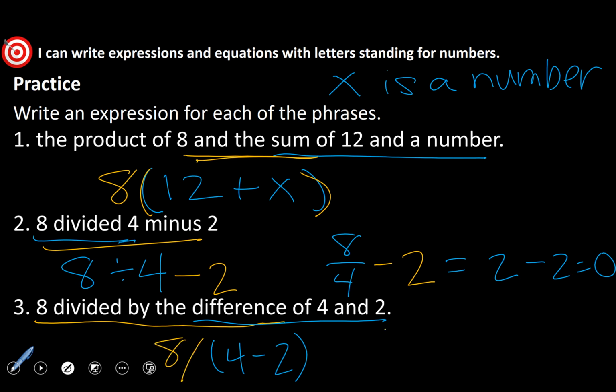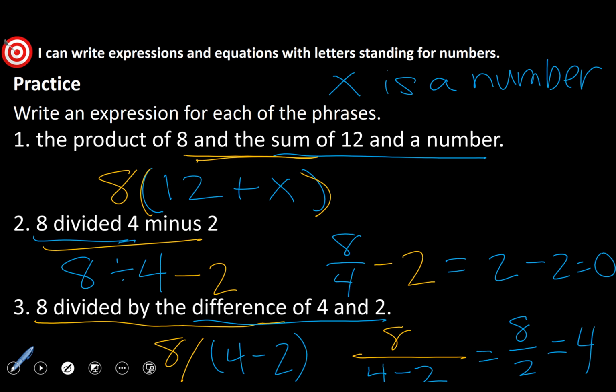So it would also look like this: 8 divided by 4 minus 2. So that equals 8 divided by 2, which equals 4.